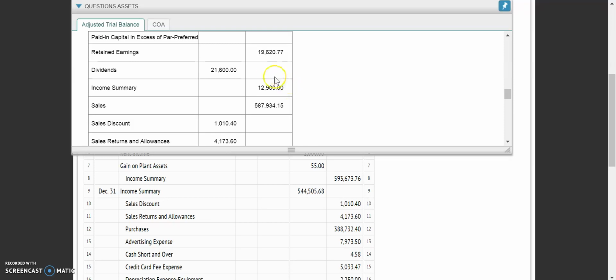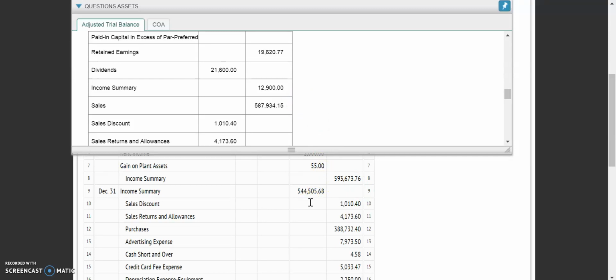So we take this $12,900 as our credit, and we add to it our income statement credit amount of $593,673.76. We add those two together, and then we subtract out our debit amount.